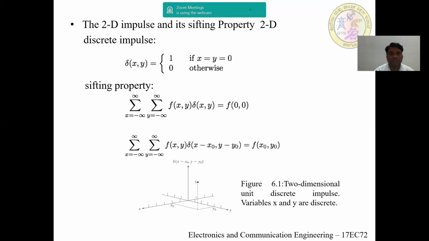The shifting property is again given by a summation expression. The double summation, where x varies from minus infinity to plus infinity and y also varies from minus infinity to plus infinity, of f of x comma y times delta of x comma y is equal to f of 0 comma 0.